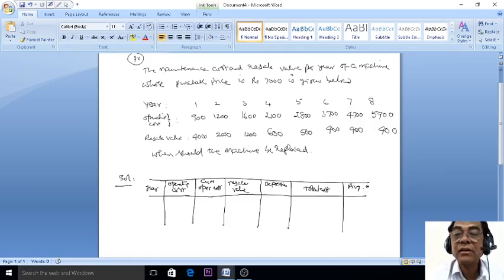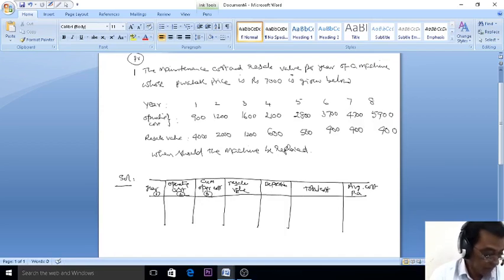So this is fixed. Let this be column 1, 2, 3, 4, 5, 6, 7, like this only.